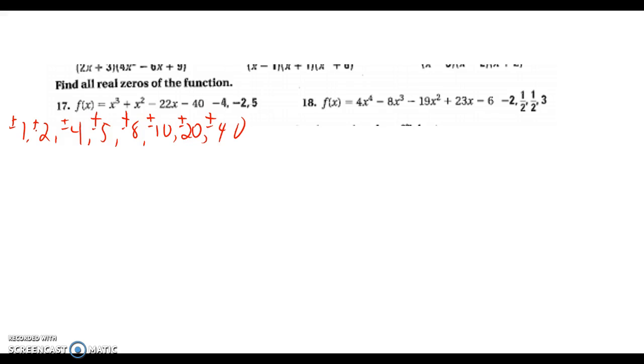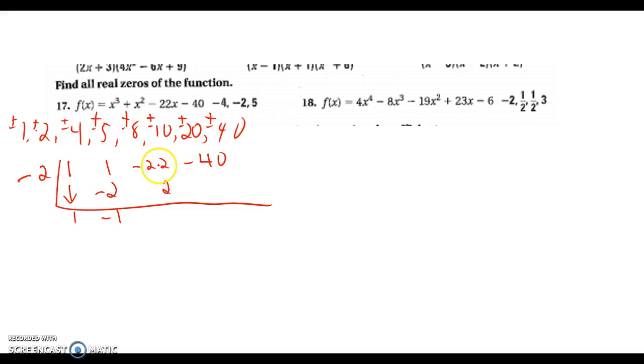And I have this big long list, so I need to know where to start. I think I'm going to start at, looks like negative 2 will work. So let's try that as a solution. Here are my coefficients. Let's see if that works. Bring down a 1, it's negative 2, add them together. 2, add this together. 40, all right, that works.